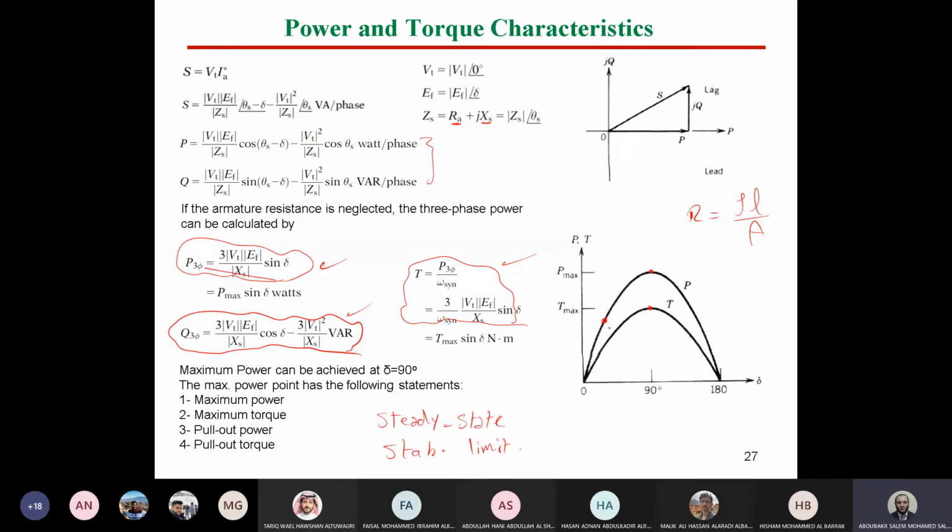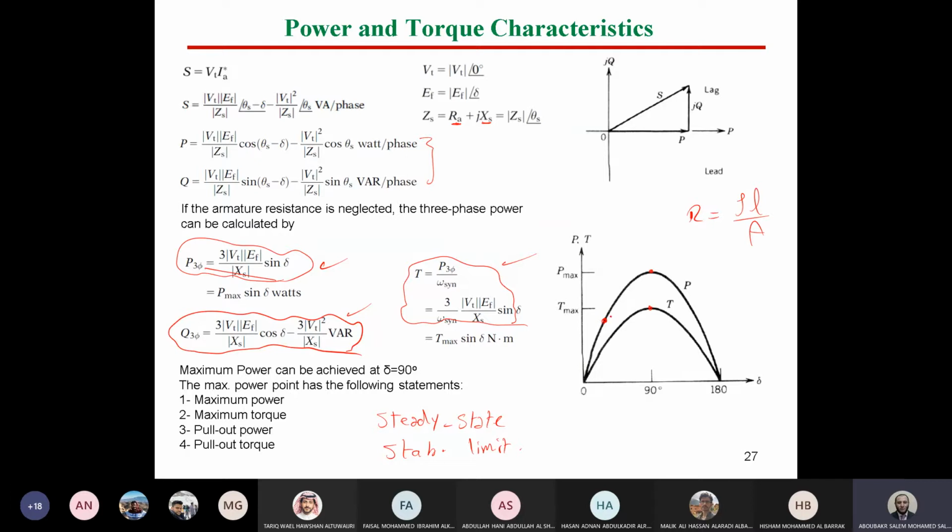If I get any disturbance to change the operating point, for instance, a disturbance makes the angle increase, the value of delta to be increased.